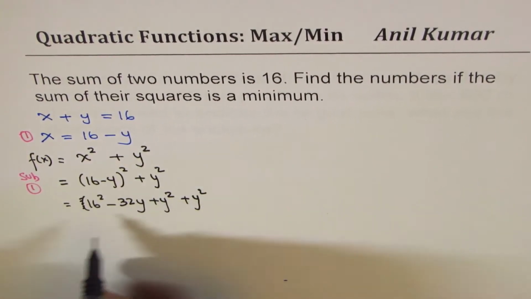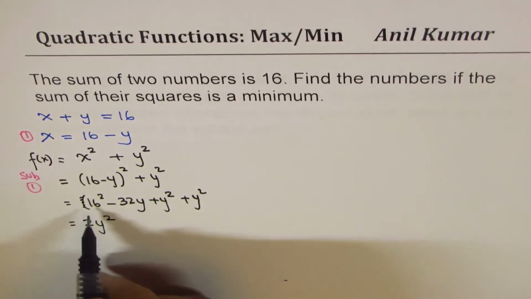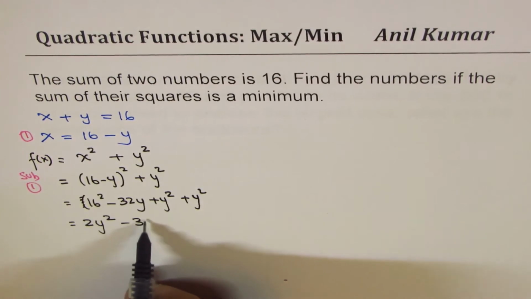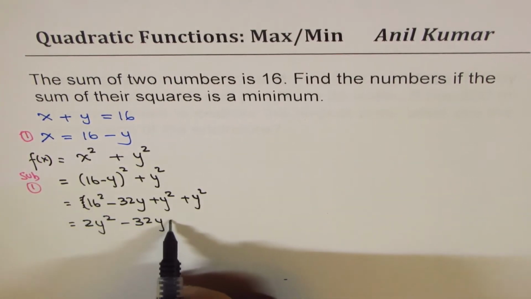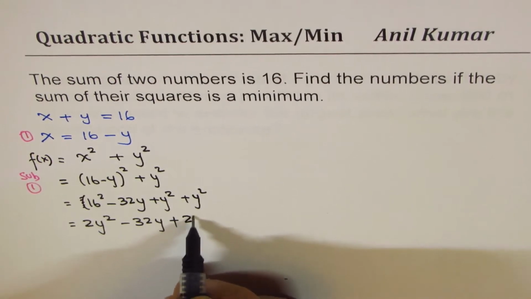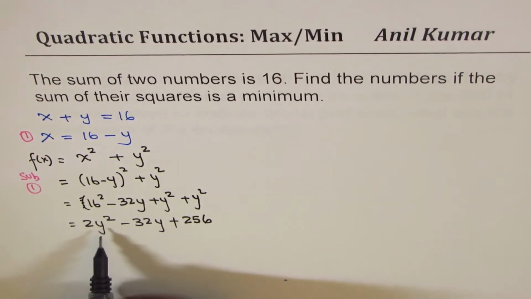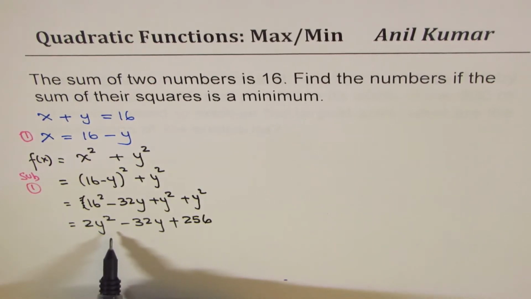So I'll write the y square terms first, which is 2y square, then minus 32y, and 256. Now it only needs to be simplified using completing the square.